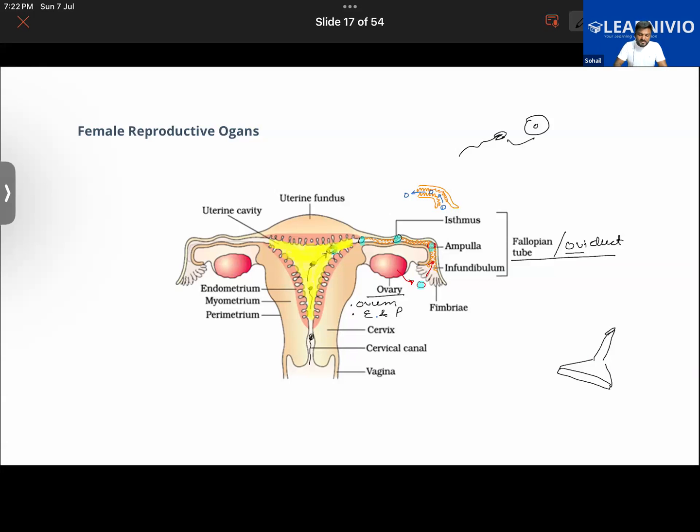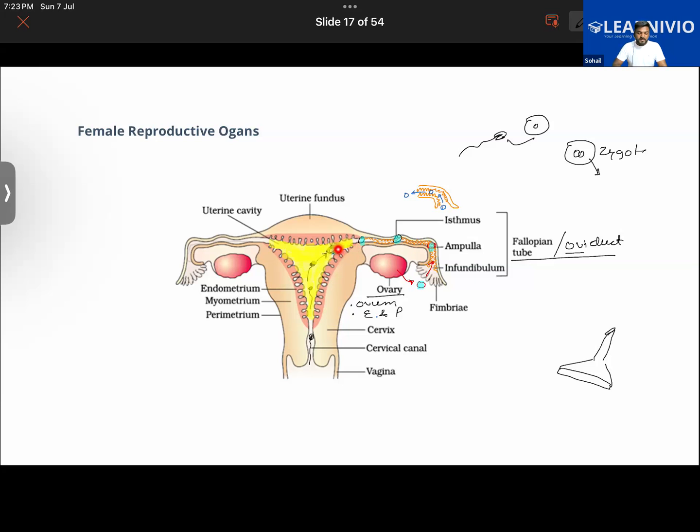It would have fertilized and would look like this, and later this fertilized ovum, which we also call the zygote, gets implanted into the wall of the uterus. This thick muscular structure that you see here, notice where I'm pointing.